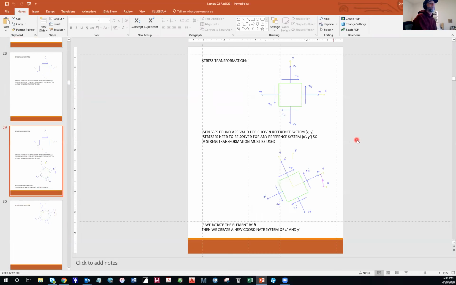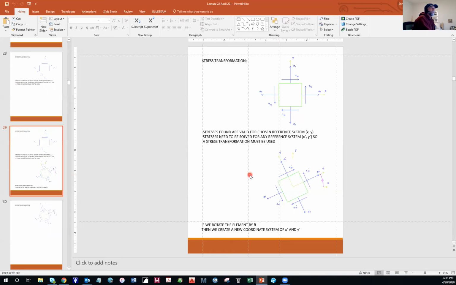Right there. Okay. So for example 2, we started with 5 KSI, 3 KSI, and 8 KSI shear stress. When we rotated it through various angles, we got different values for sigma x prime, sigma y prime, and tau x y prime.